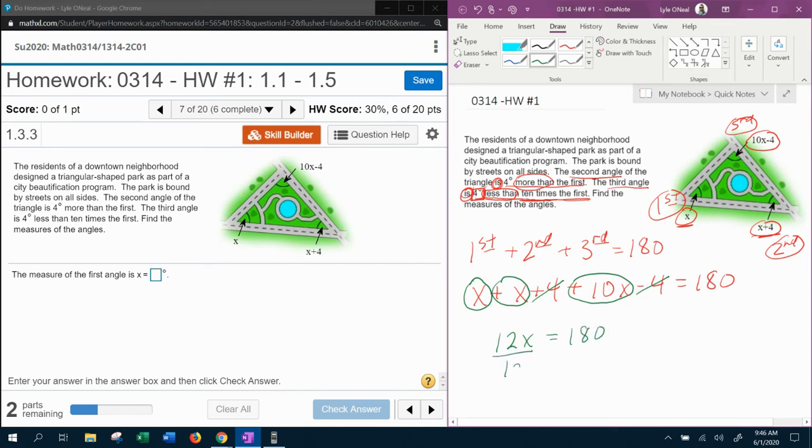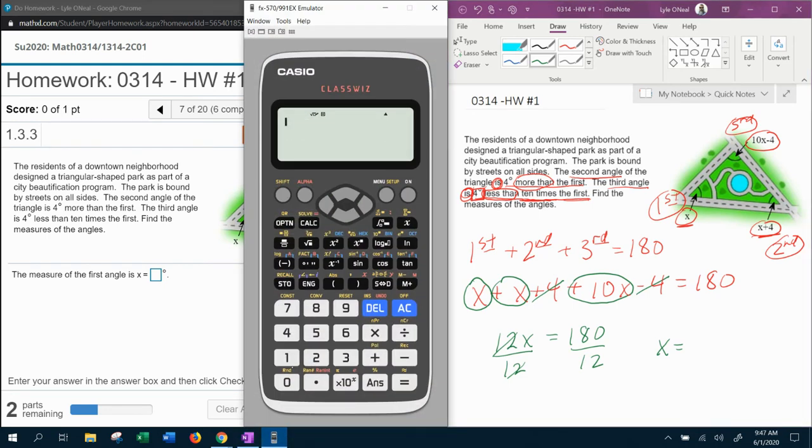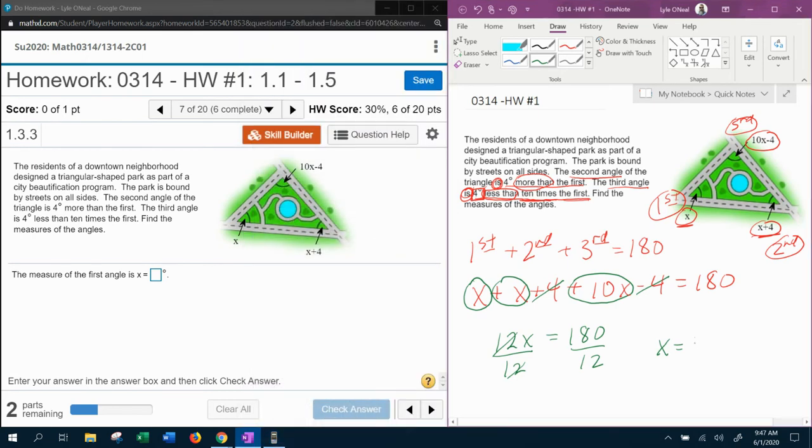And then if I divide both sides by 12, I'm going to be at my answer. Okay? So what is 180 divided by 12? I don't know. Let's check the calculator. 180 divided by 12. That's 15. And so we know the first angle is going to be 15 degrees.